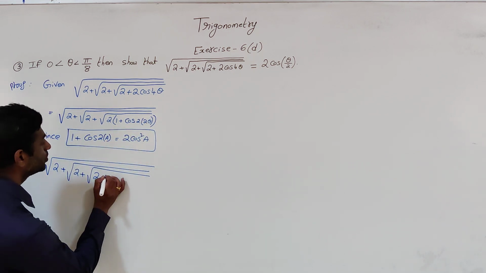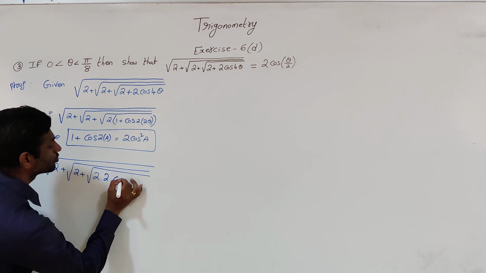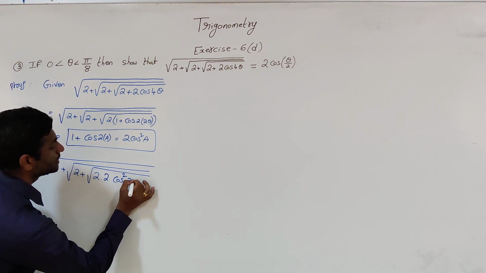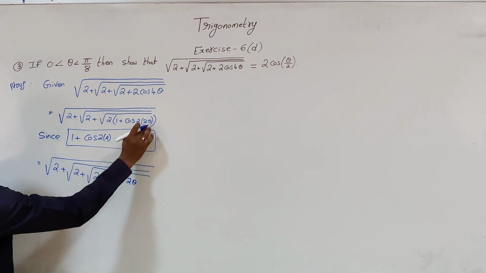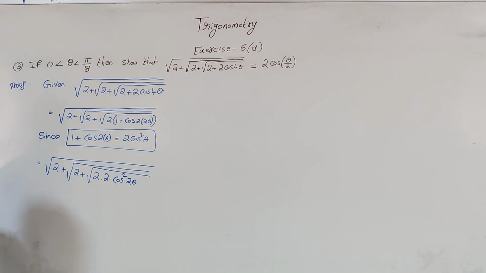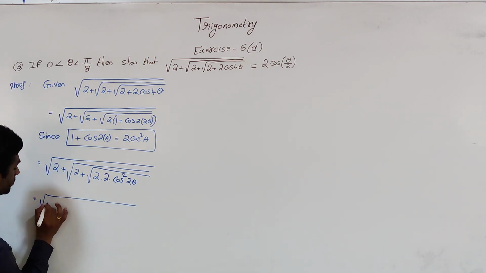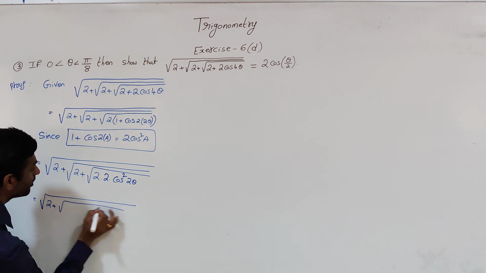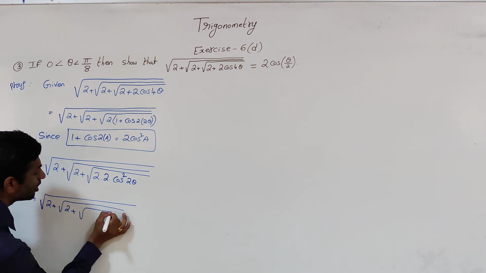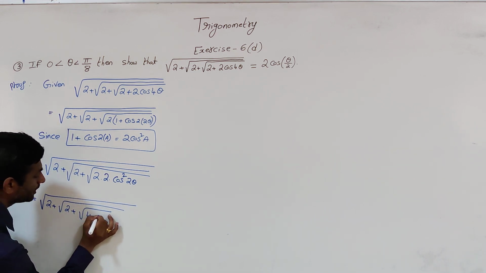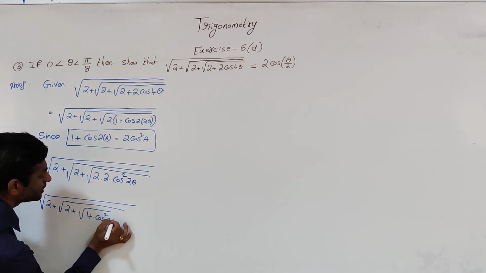Now this reduces to 2 into cos square 2 theta, because in the place of a it is 2 theta. Now 2 into 2 becomes 4 cos square 2 theta: square root of 2 plus square root of 2 plus square root of 4 cos square 2 theta.